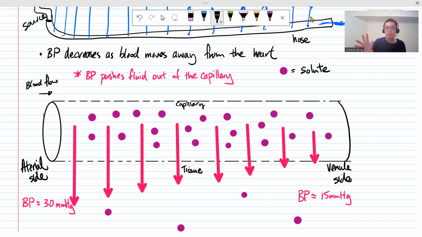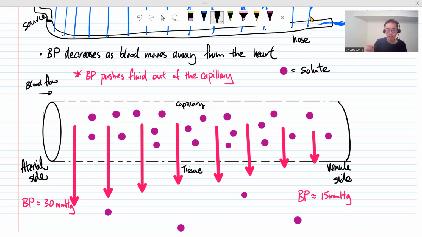Okay, and more importantly, the concentration of the blood is similar on the arterial side and the venous side. Like you're not going to change it substantially from one end to the other. So here's the all-important question.